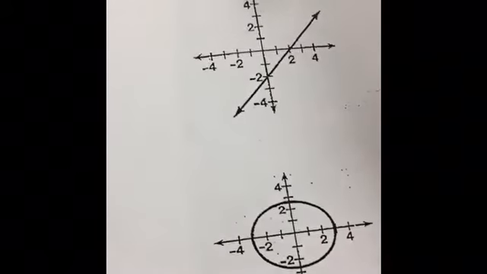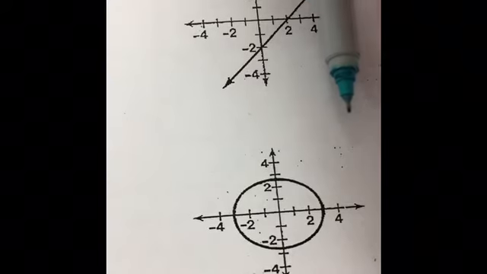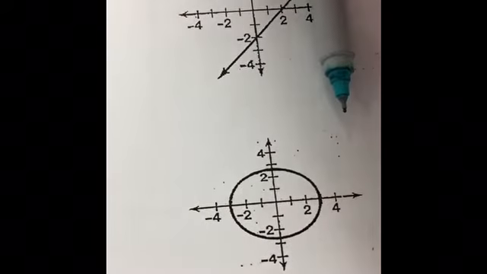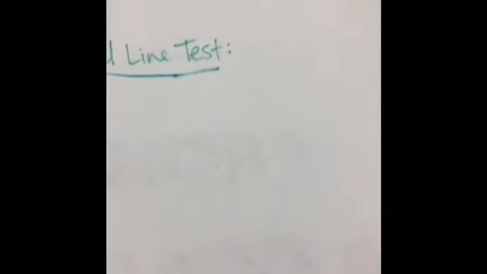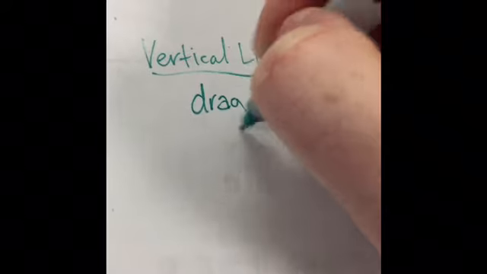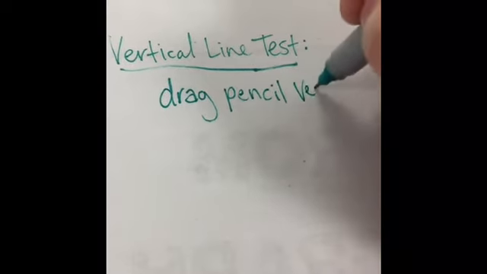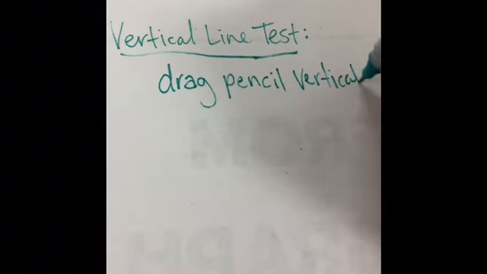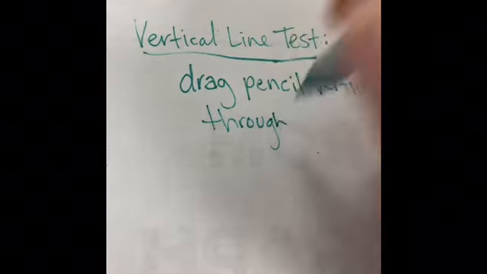You can take your pencil or you can take your finger or even an extra sheet of paper, and we want to simply drag it across and make sure there's 1 x value for 1 y value. Okay, we don't want a repeating x like we did up here. Okay, so we want to drag pencil vertically through graph.